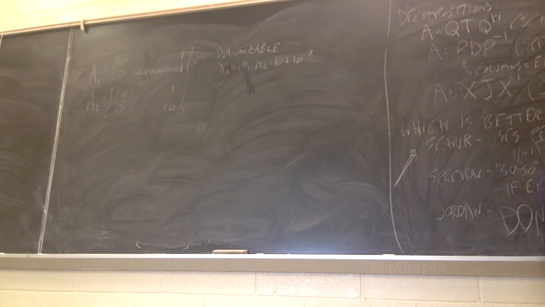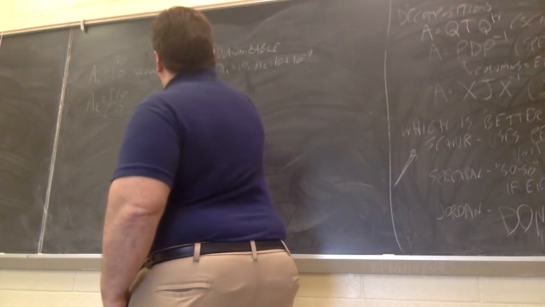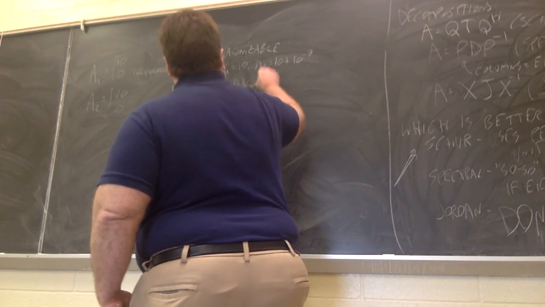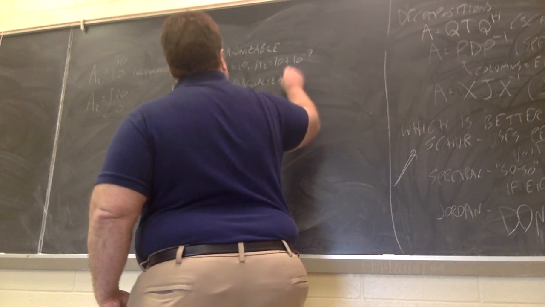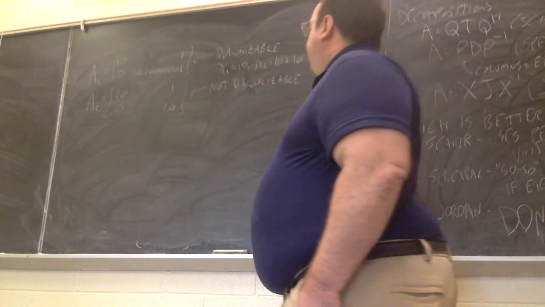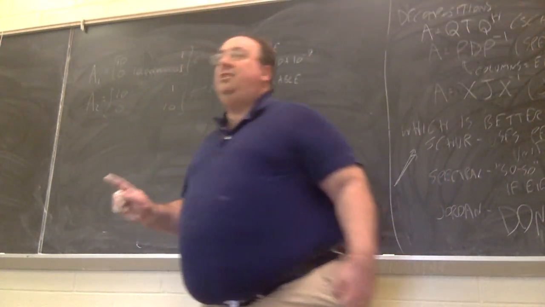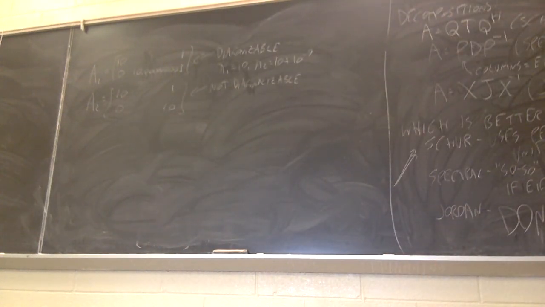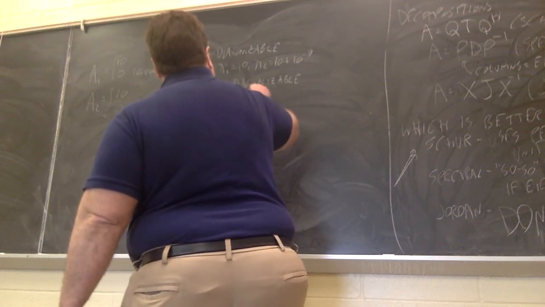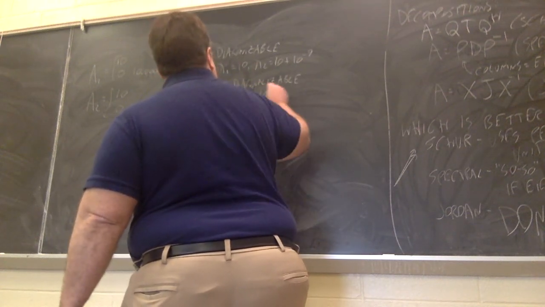Okay. This matrix is not diagonalizable. So we have one distinct eigenvalue, 10. It has an algebraic multiplicity of 2. It has a geometric multiplicity of only 1. So that eigenvalue is defective.